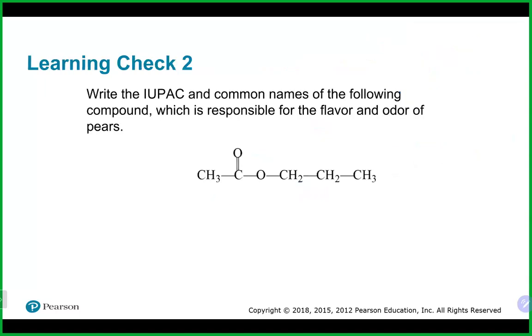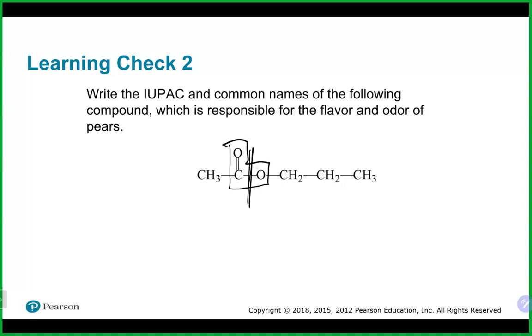All right. So this guy here is going to be, what is it? I heard propyl methanoate, propyl ethanoate. So again, this is going to be our group.